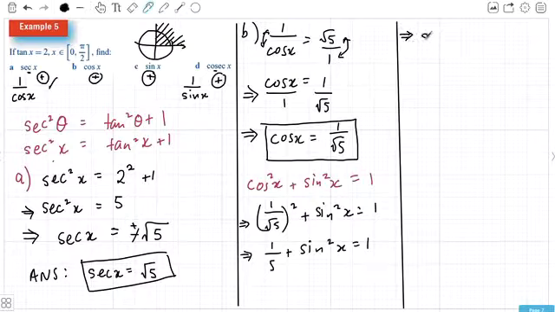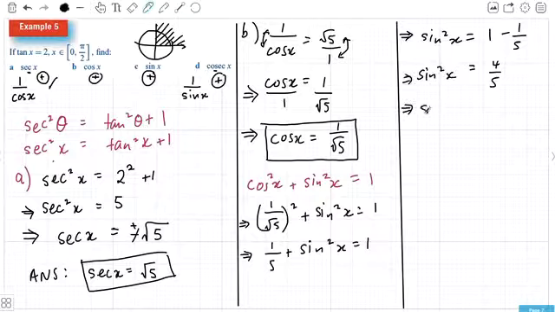I'm just going to rearrange this now. So sine squared x equals 1 take away 1/5, which is 4/5. And to finish off, taking the square root. Now remember again, you'd have the plus minus square root going on here. Because we know that sine is positive, we don't need the negative.